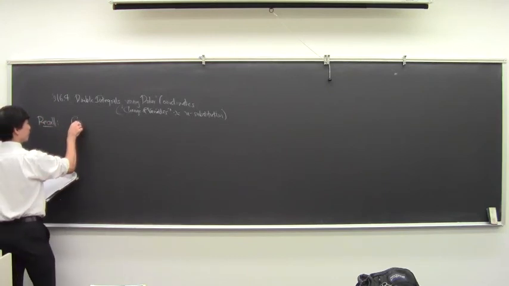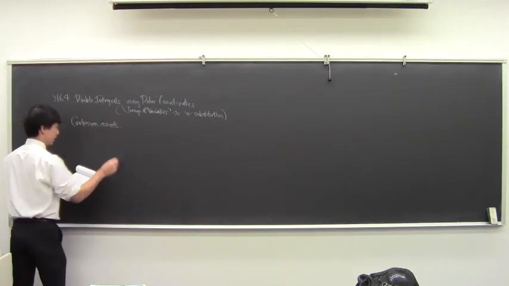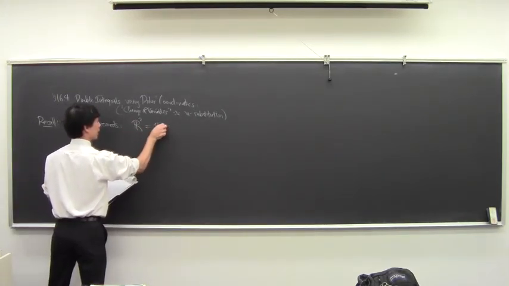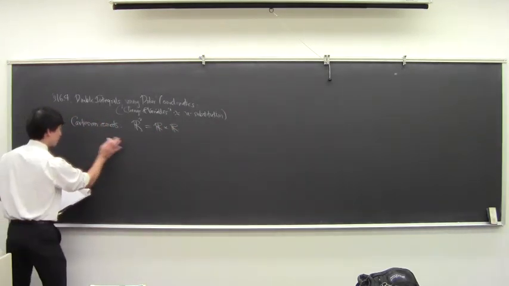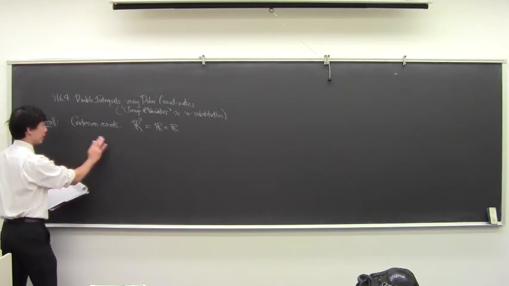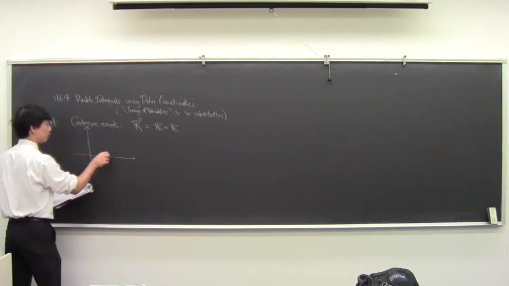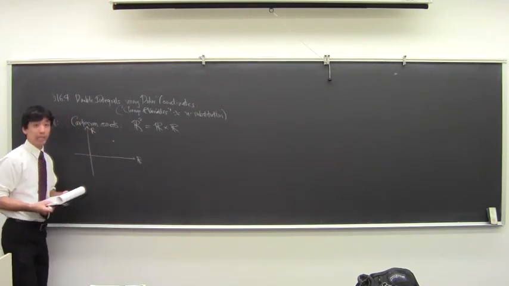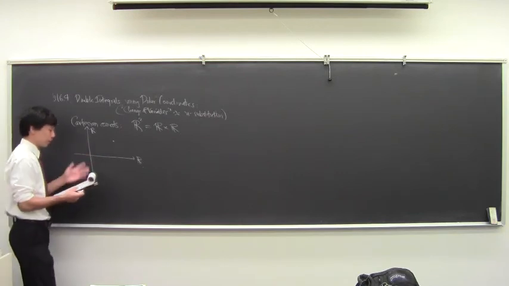you have Cartesian coordinates. You have the plane, and you express it as a real line cross a real line. The plane a priori doesn't have any coordinates on it, but you assign coordinates to each point by putting on the plane a pair of copies of the real line at 90-degree angles.